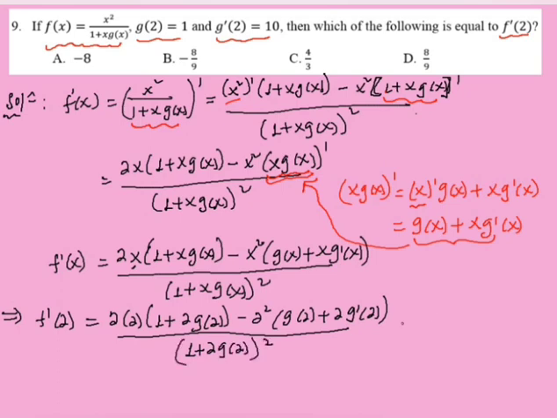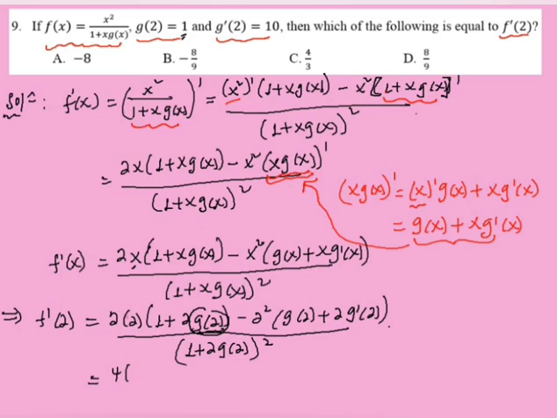I used 2 everywhere in place of x. So g of 2 is 1.